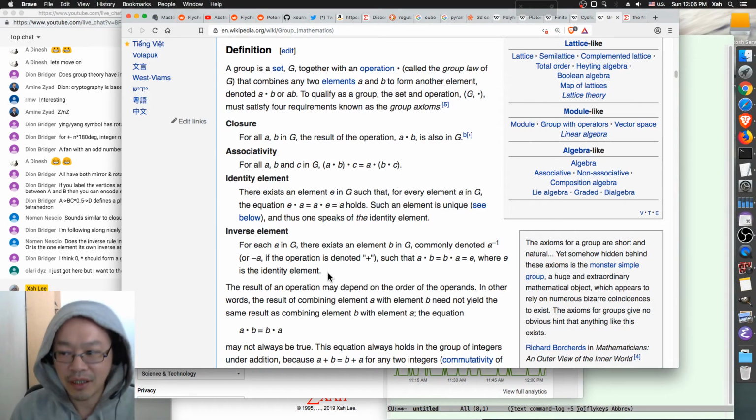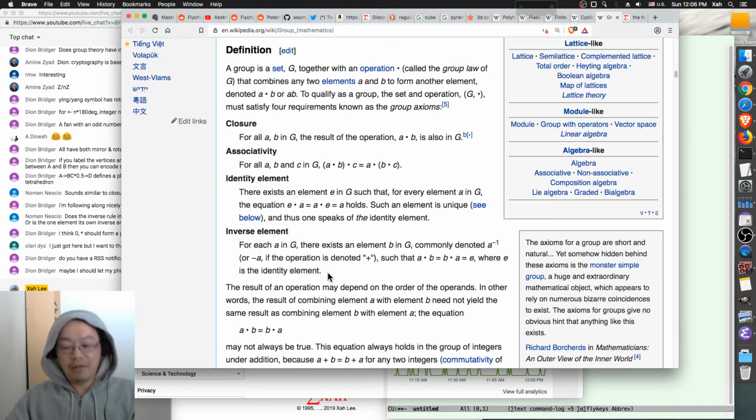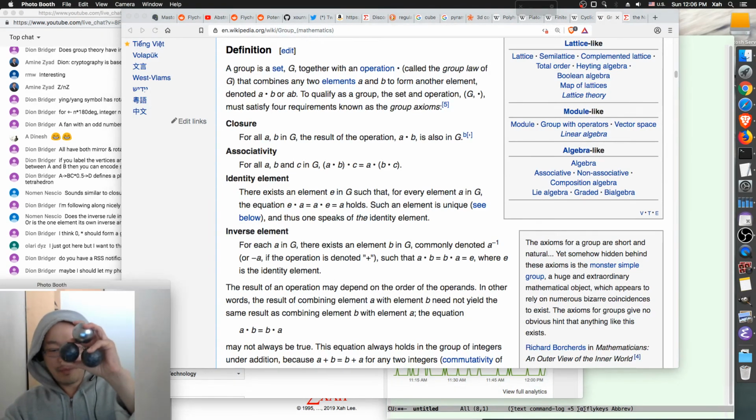Now at this point you might be wondering, what is this operation? Where is my group? What is an example? The answer is anything. You just start to create a group. You can do anything you want. Let's say I'm going to create a group. I have 3 balls. My group is 3 balls, and then you need a binary operation.